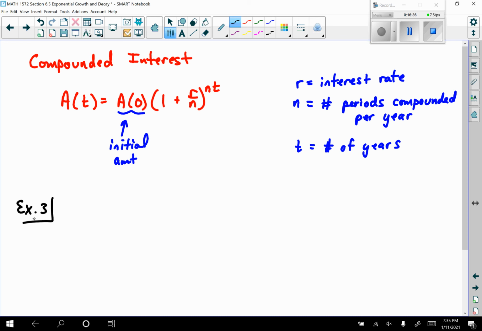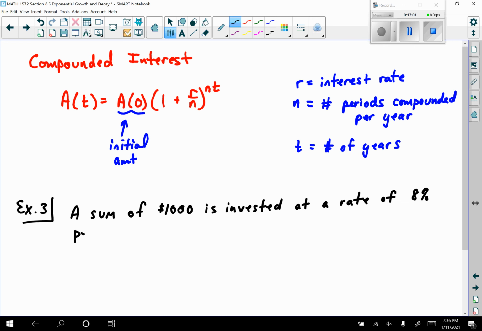All right, so let's say we have a sum of $1,000 invested at a rate of 8% per year. We're going to find the amount in the account after 2 years if the interest is compounded at different periods here. So we'll kind of do this in parts.